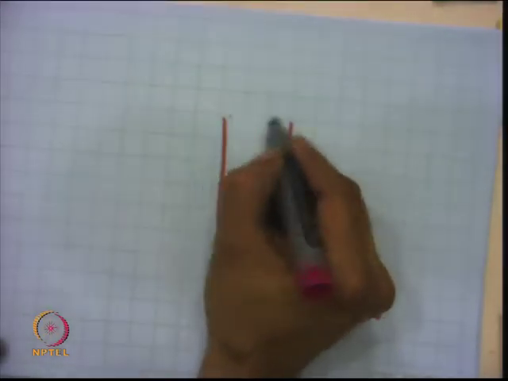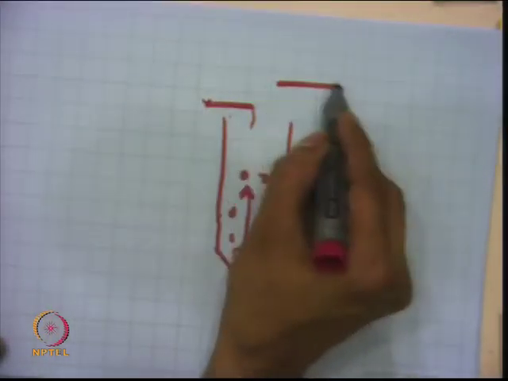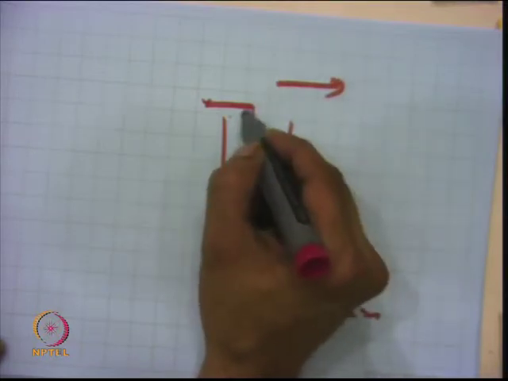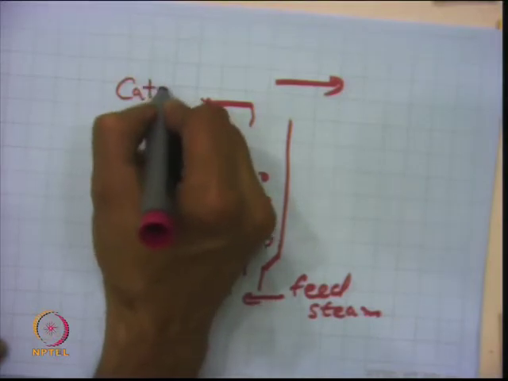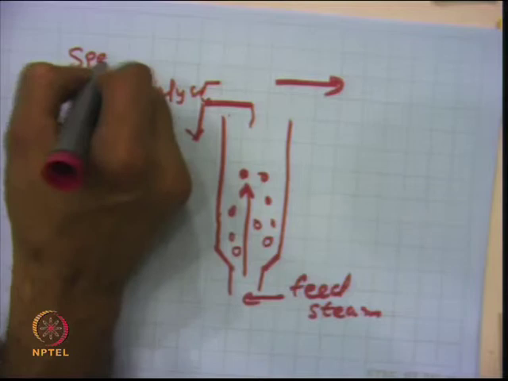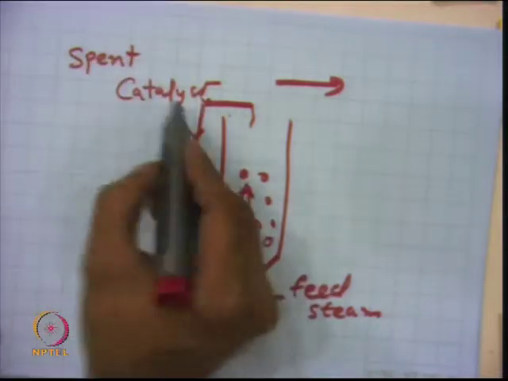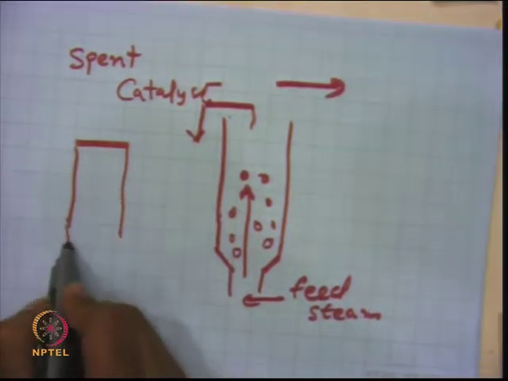And then you have a hopper here, a cyclone separator, and the hydrocarbon vapors will go into this section, and the catalyst is taken into another unit, which is known as spent catalyst, that is, after reaction. So, the deactivated catalyst will be taken into another unit like this.